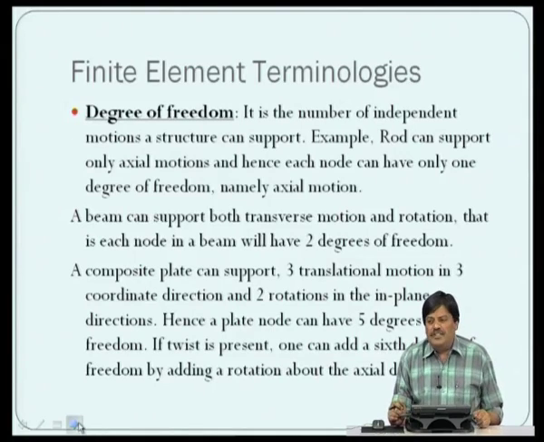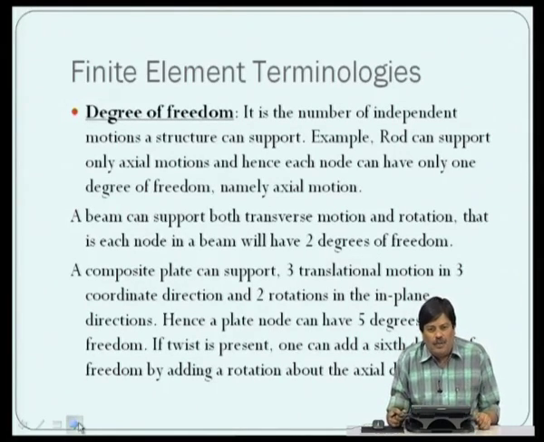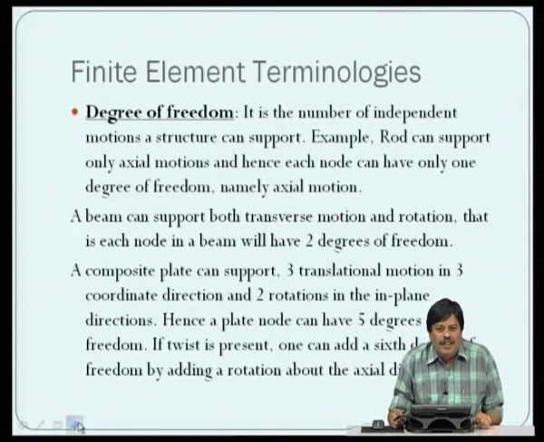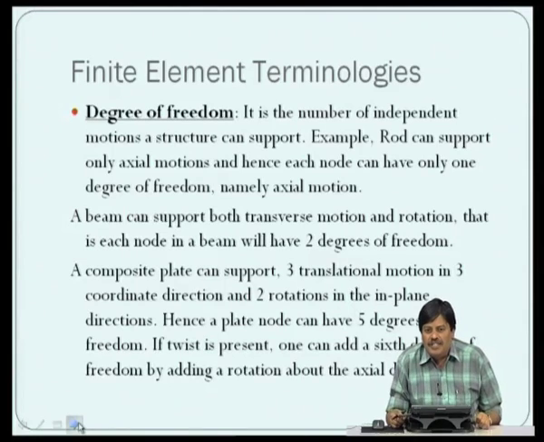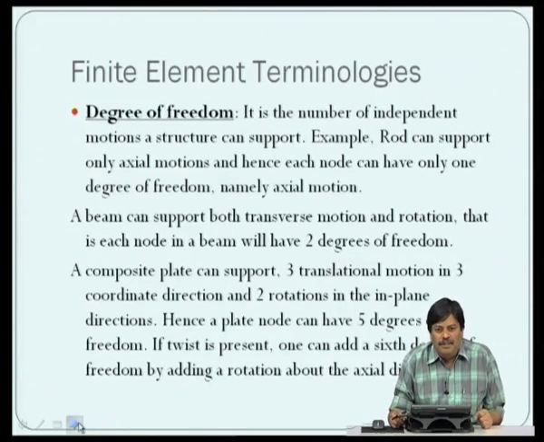So, now let us introduce certain terminologies. Degree of freedom. What is degree of freedom? It is the number of independent motions a structure can support. Example, a rod can support only axial motion in the two directions, in the two nodes, and hence it has 2 degrees of freedom.